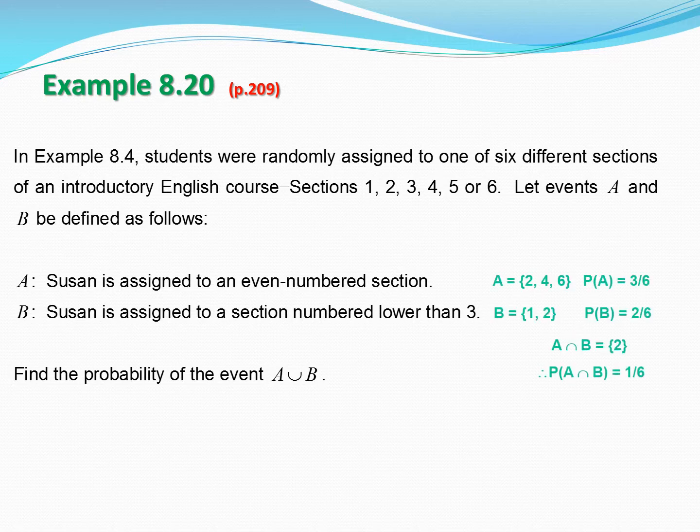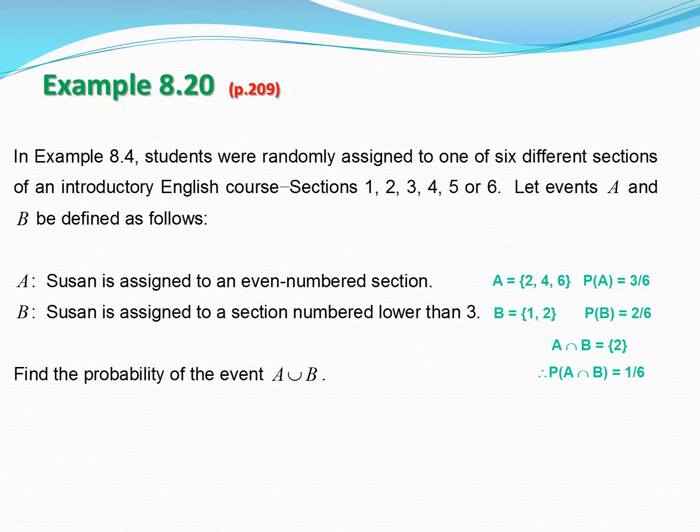The probability of event A will then be 3 over 6, and the probability of B will be 2 over 6. Events A and B have one outcome in common, which was the 2. So the intersection of A and B will be the 2, and the probability of that intersection will be 1 over 6. And now they ask you to find the probability of the union of the two events.